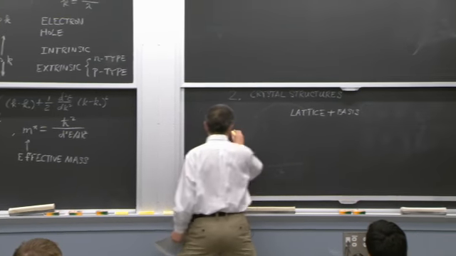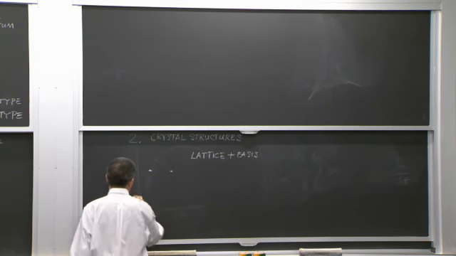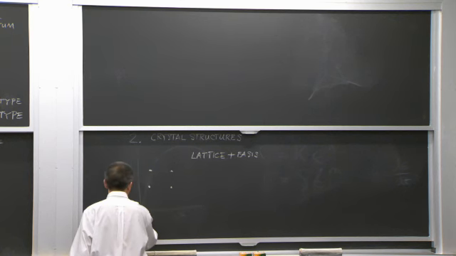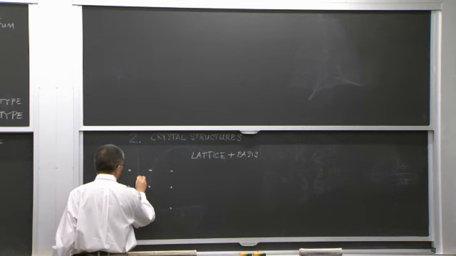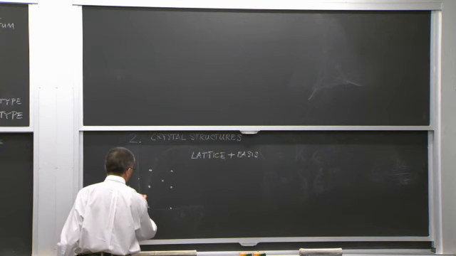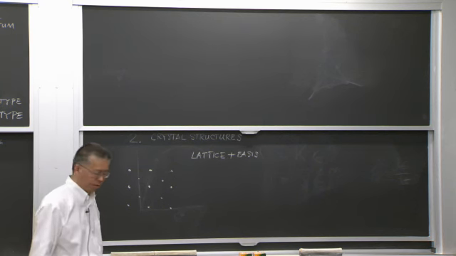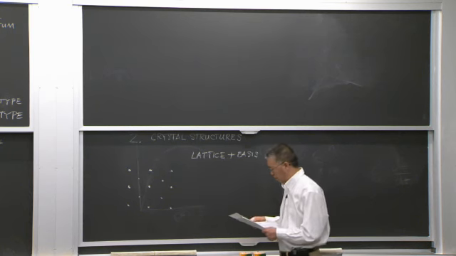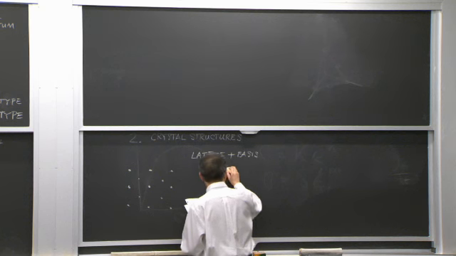So let's take a look at a simple 2D example, like I said. It's a 2D structure with a periodic arrangement, and we introduce a few basic terms. One is the primitive lattice vector.